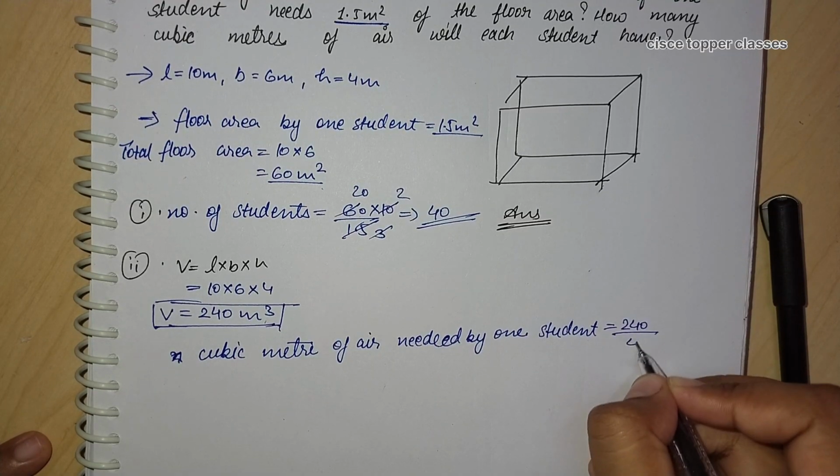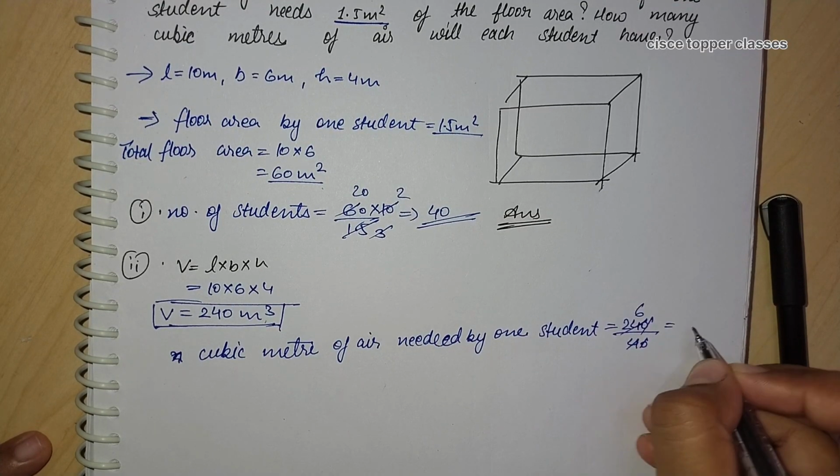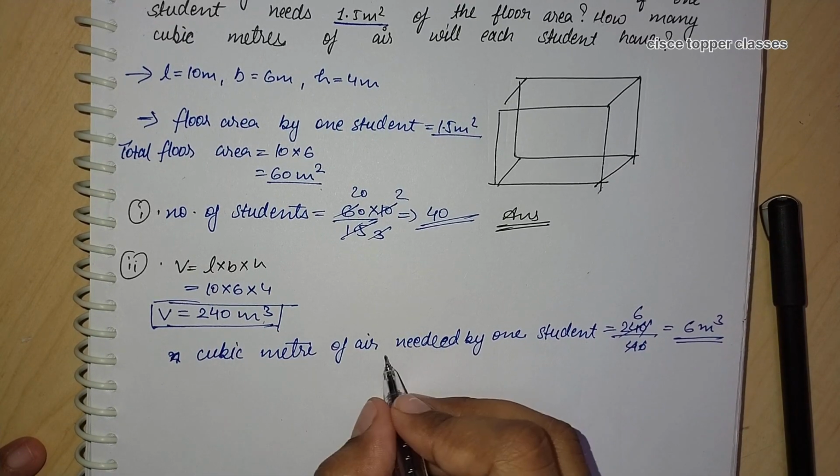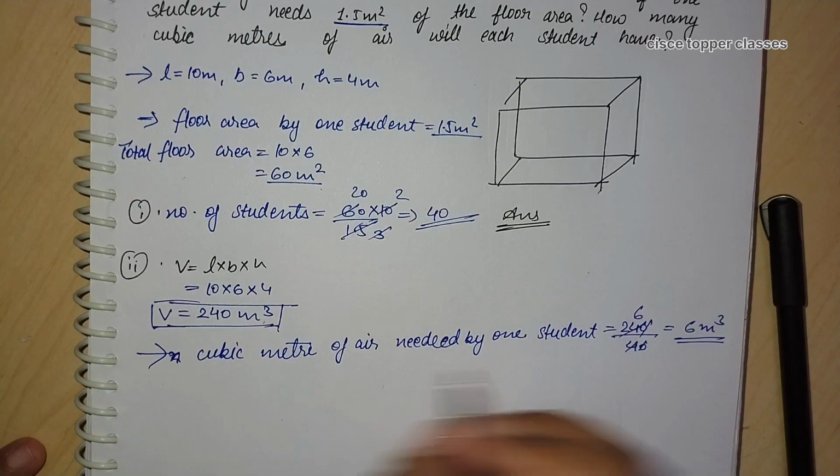So it will be 240 divided by 40. This will be cancelled out and we will get 6 meter cubic is the cubic meter of air needed by each student here.